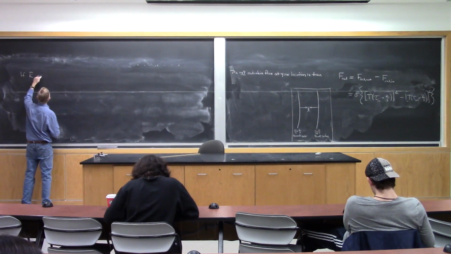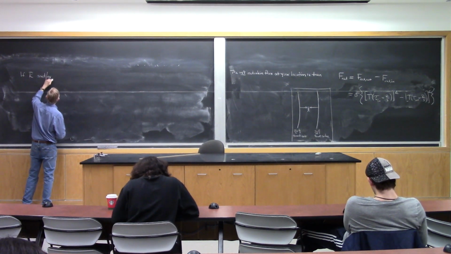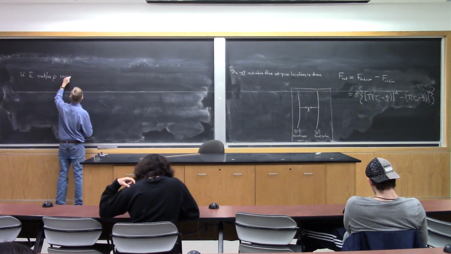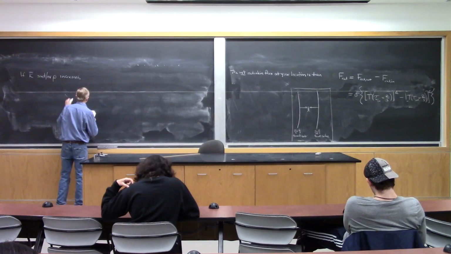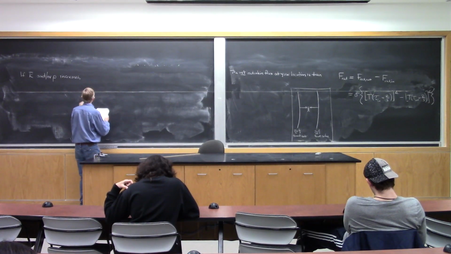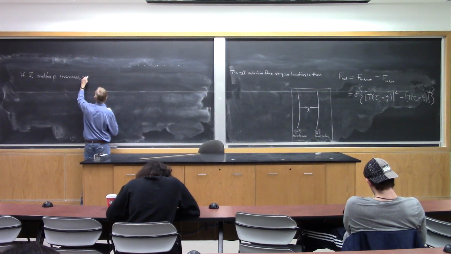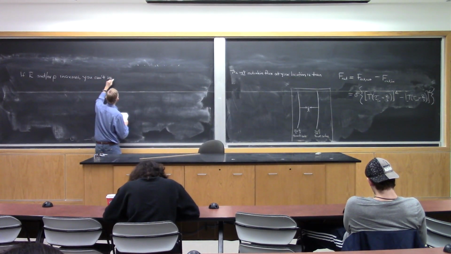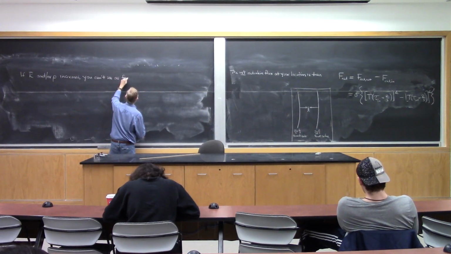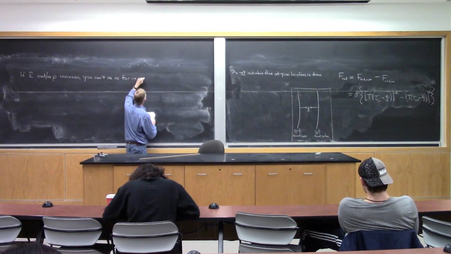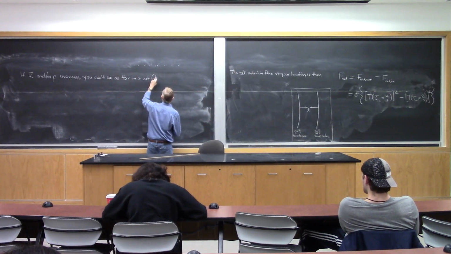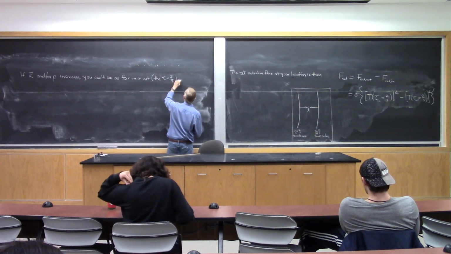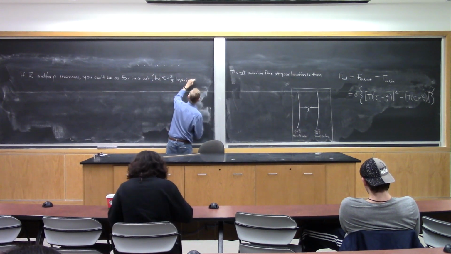If kappa bar and/or rho increases, you can't see as far in or out. The tau equals 2/3 layers are closer to you, in parentheses.